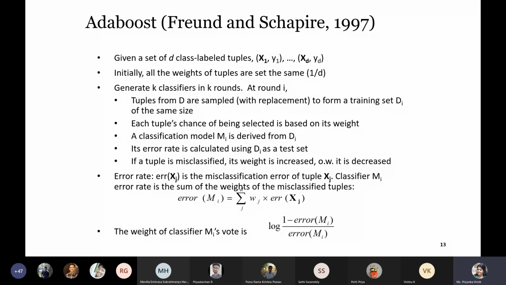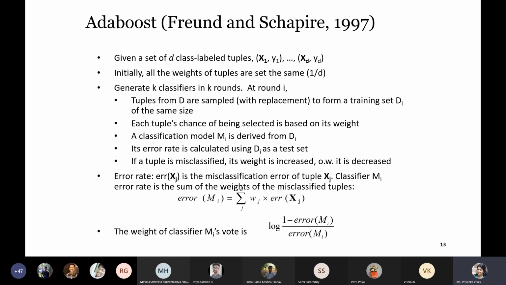Initially every sample's weight is the same, but selection of each sample is based on the weight: the more the weight, the more chance for the tuple being selected. Initially every sample gets equal weightage. Now we'll see how it is updated.